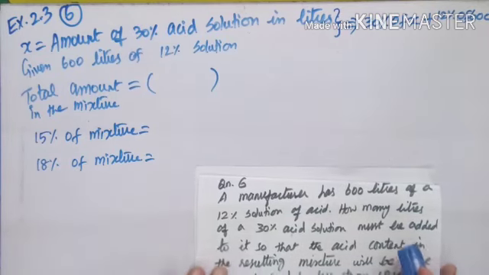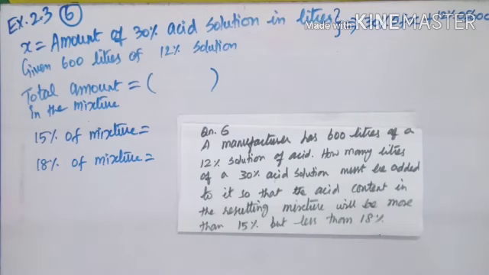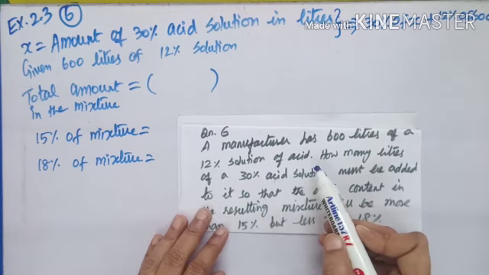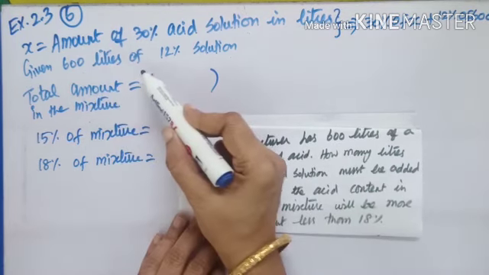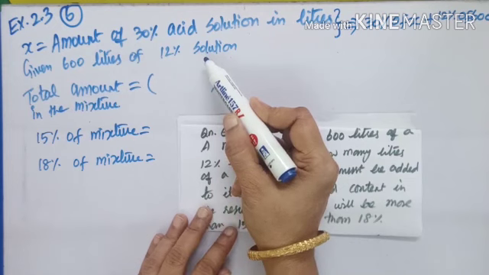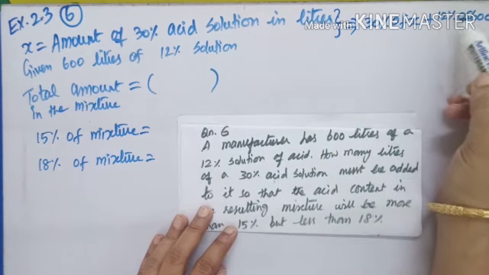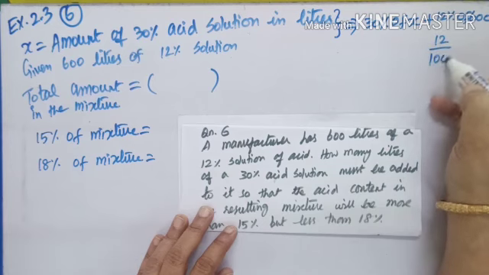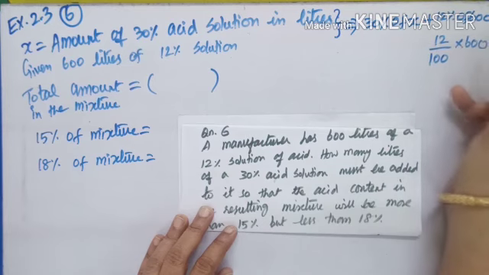Question number 6. A manufacturer has 600 liters of a 12% solution. So 600 liters of a 12% solution means we will write 12% of 600, or I can say 12 by 100 into 600.